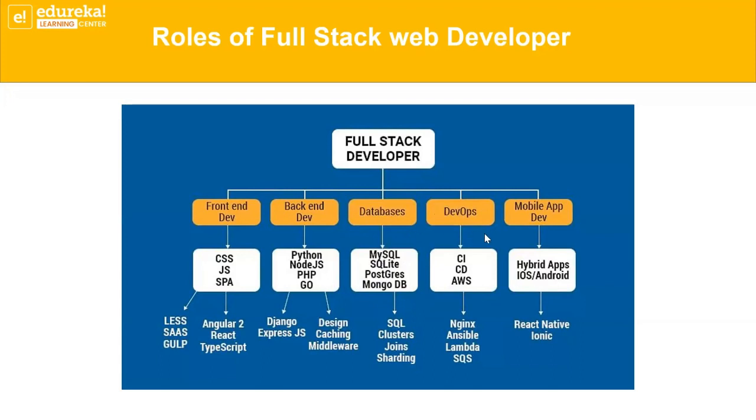Next, we have the DevOps layer, which is the extension of the entire process here. In the DevOps role, what a full stack developer will be looked upon for is the development process, how the new code changes and maintenance changes are made available to the newer environment.